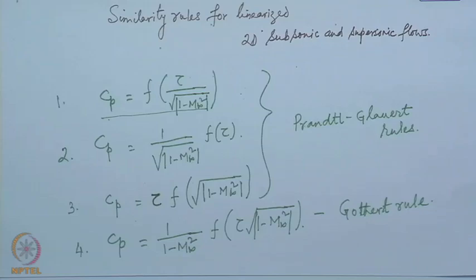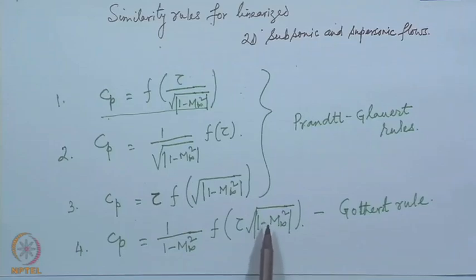That is, the C p will increase as a multiple of 1 by 1 minus M infinity square if the thickness increases as a multiple of 1 minus M infinity square to the power minus half.